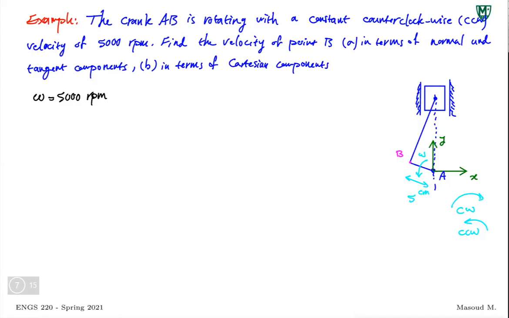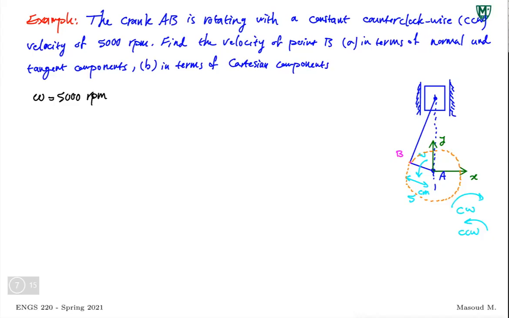So B is rotating around A, and the distance between A and B is constant. You can think about this as a circular motion. If you think about the full motion, it's something like this. B is rotating around A, R being the length of AB, and it follows a circular path.